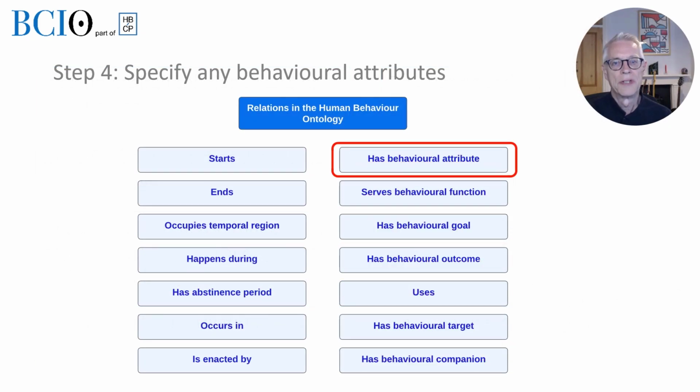You may have noticed that one of the relations in the Human Behaviour Ontology is called has behavioural attribute. And this allows us to describe ways in which classes of behaviour might be enacted that could be very important. For example, it allows us to distinguish behaviours that are impulsive from ones that are not.